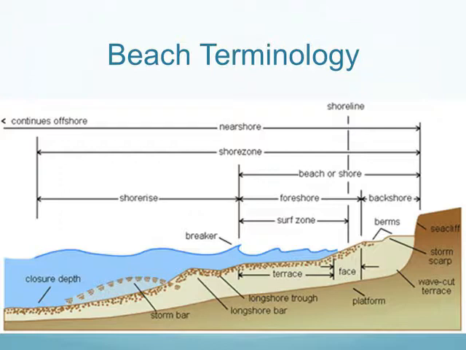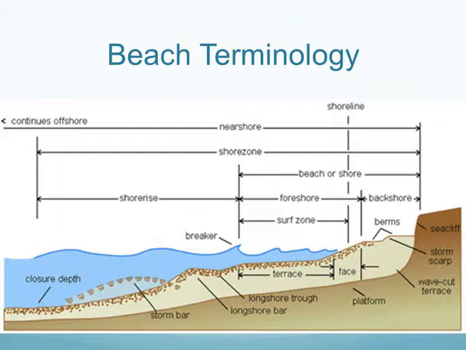You can have berms, sometimes you can have sea cliffs, sometimes you'll have a storm scarp, that's basically a berm which is created from storms. You'll have a beach face. Sometimes you'll have a terrace within the ocean.